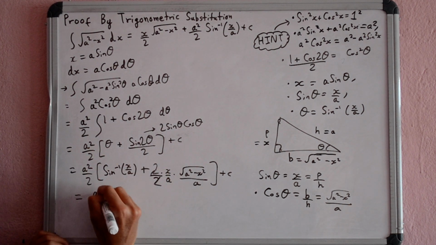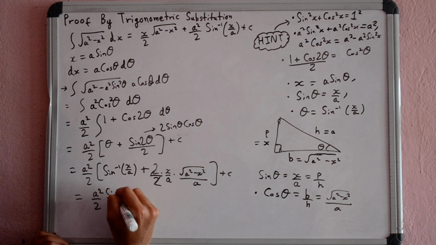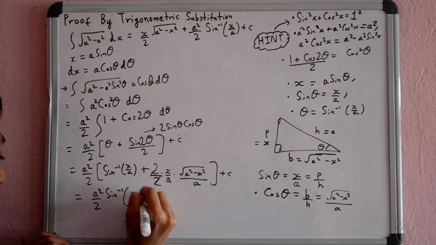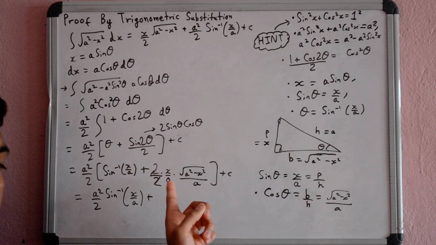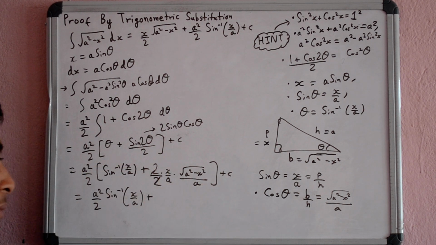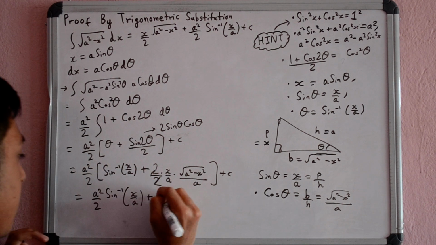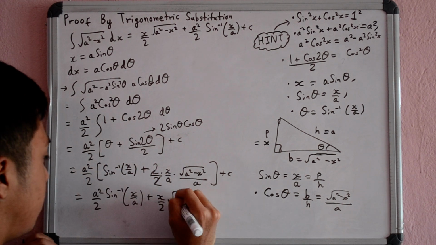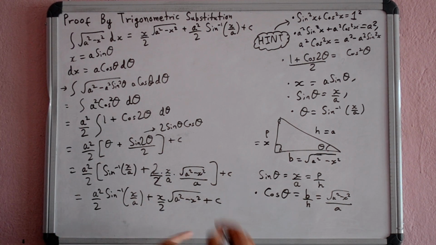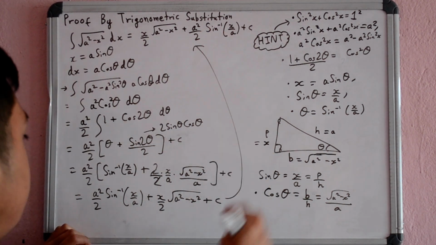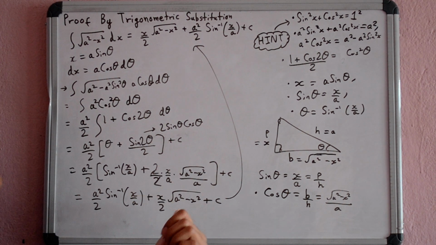So this becomes a square by 2 sin inverse of x by a plus, well, we have a square right here and a into a, which is a square. They both cancel, remaining x by 2 root a square minus x square plus c. So this is basically that, because you can just switch that, they're both positive, and that is our proof.